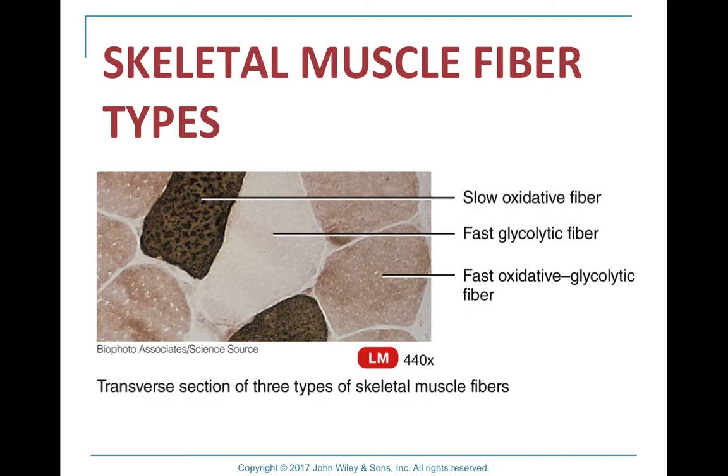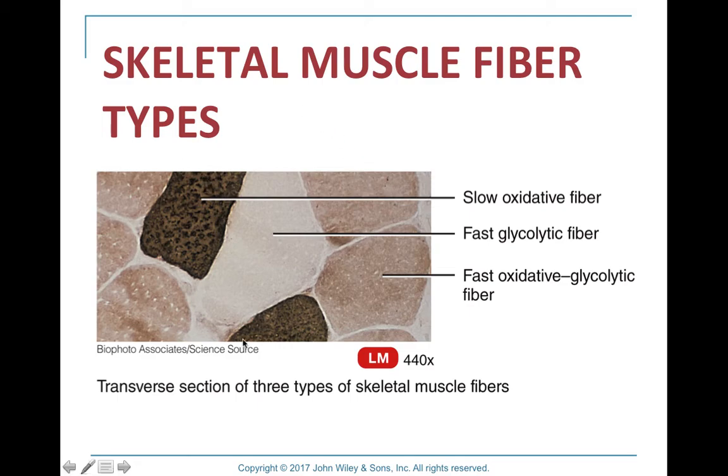We have very few blood capillaries in them, and they appear lighter or white in color. So these fast oxidative glycolytic fibers are good for walking and sprinting. And the fast glycolytic are good for strength training, whereas the oxidative are good for endurance.